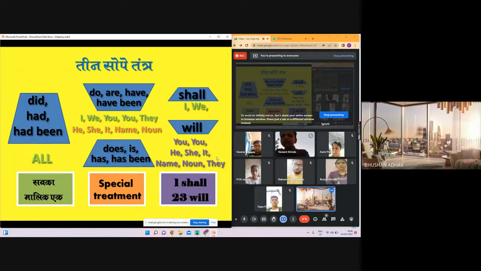So, this is the new experiment with the batch. Actually, we are trying to teach the English language by using the English language, because we always take the support of the Marathi language to describe English. We always take the support of the Hindi language to describe English.